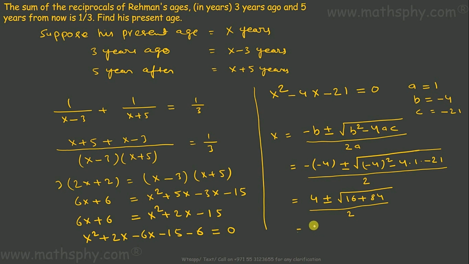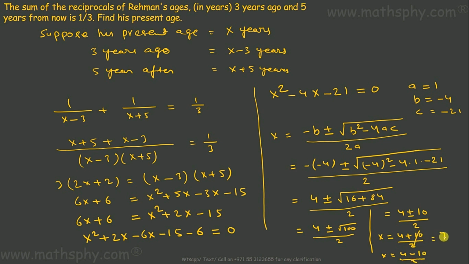So this would be 4 plus minus root 100 over 2. This gives me 4 plus minus 10 over 2. So x would be 4 plus 10 over 2, and x would be 4 minus 10 over 2.